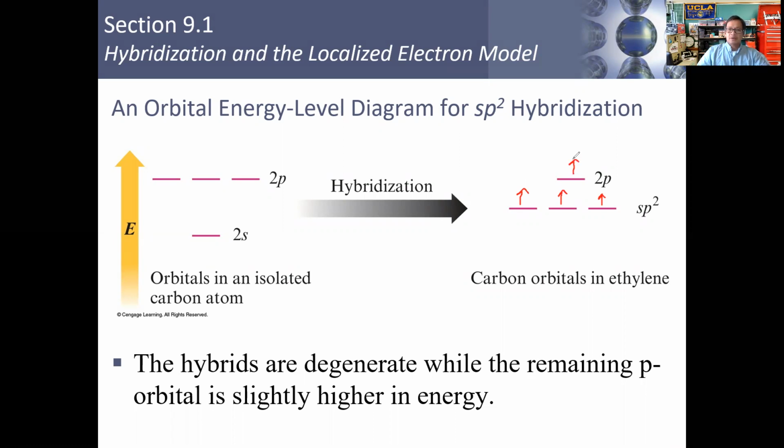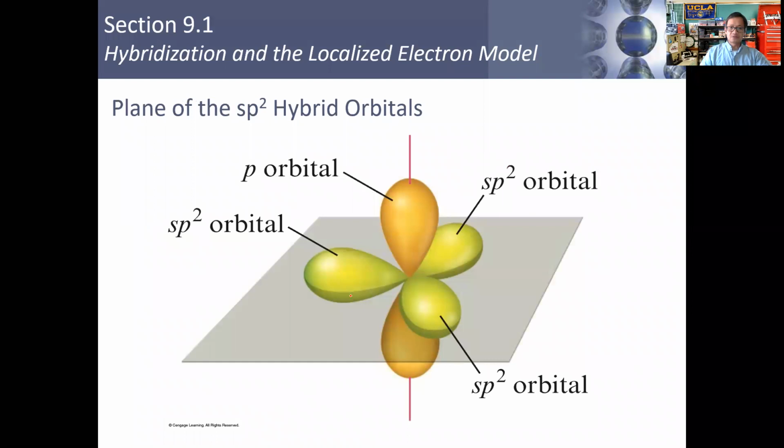Okay, so going back to the previous slide, and I just want to do this really quickly. What you're going to notice here is this. If this is your carbon atom here, you're going to see that three of these electrons are going to fall, one each, into the hybrid orbitals, and then the last remaining electron falls into the p orbital, and this last remaining electron can either be on the top lobe here or the bottom lobe here.